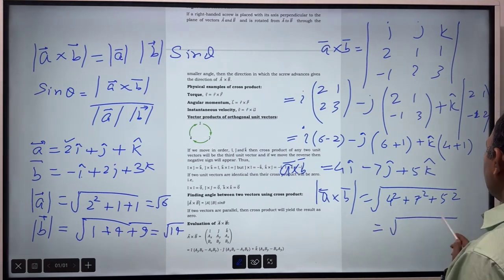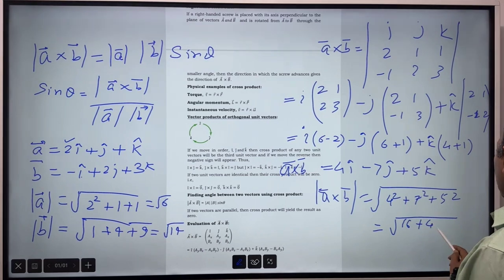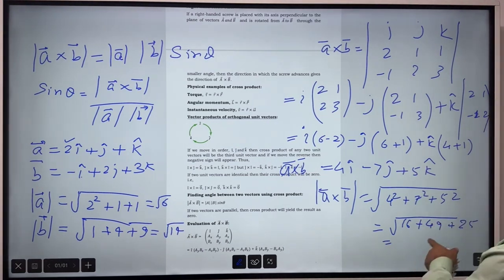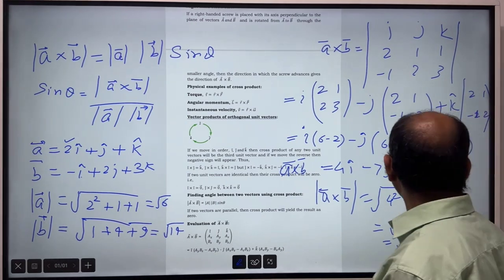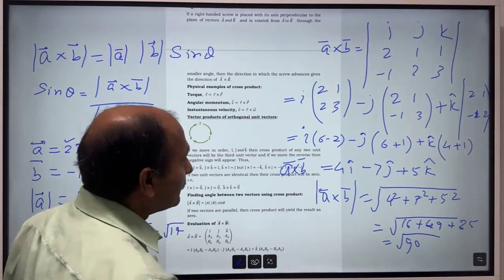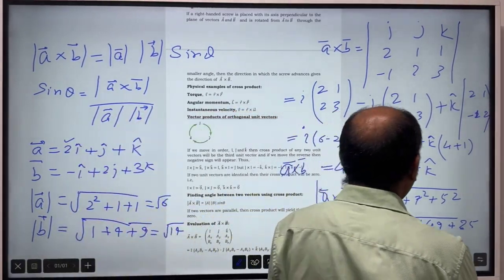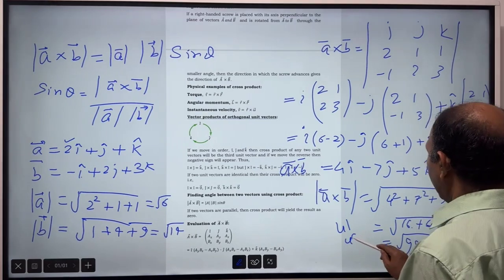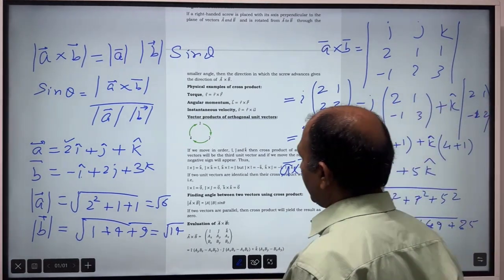It will become root of 16 plus 49 plus 25, which is 90. Root 90. 16 and 49 is 65, and 25 makes 90, that's correct.